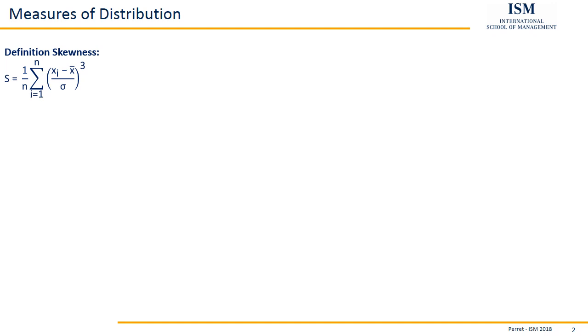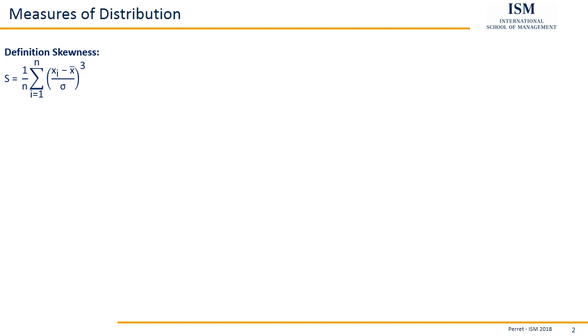The distance is also divided by the standard deviation. So it's basically the standardized distance to the mean, or the standardized value. We recall with normal distributions we can standardize variables by subtracting the mean and dividing by the standard deviation. So this is the standardized value to the power of 3. So similar to variance, but slightly different.